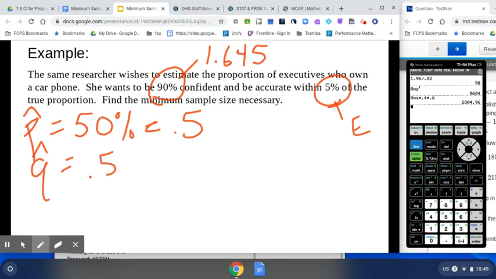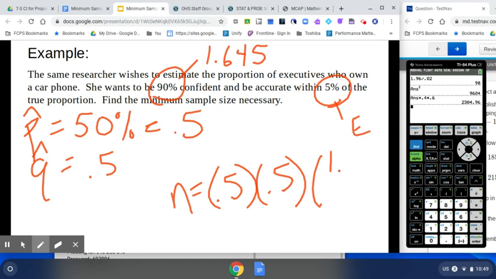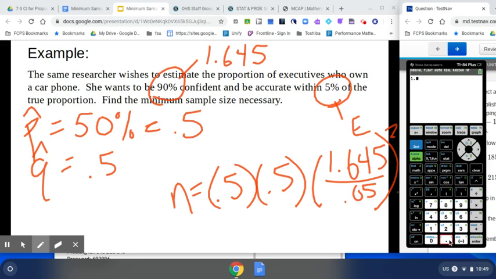All right, plugging those values into our formula, p hat is 0.5, q hat is 0.5. We're going to multiply that times the z value of 1.645 and divide it by the error, which is 5%, or as a decimal, 0.05. Remember, we square just that z over e quantity. All right, plugging that into the formula, let me clear all that out from the last example. We have 1.645 divided by 0.05.